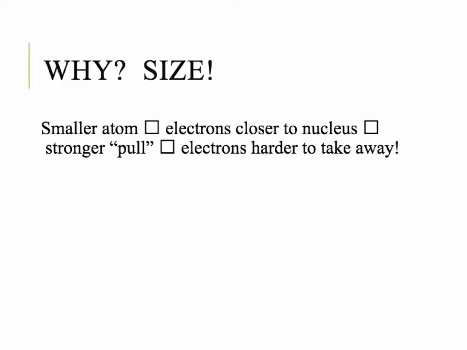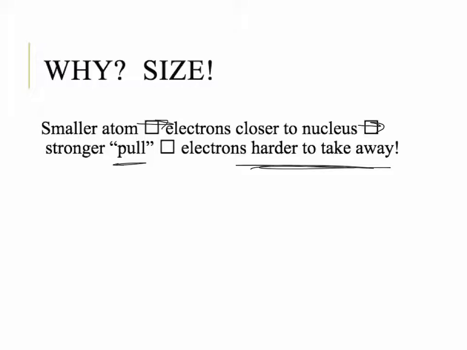But why? This generally goes back to size. The smaller the atom, that means your electrons are closer to the nucleus, and that means the nucleus then has a tighter hold or pull on those electrons. A tighter pull or hold on those electrons means it's more difficult to take one away.